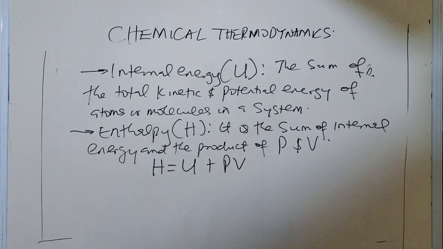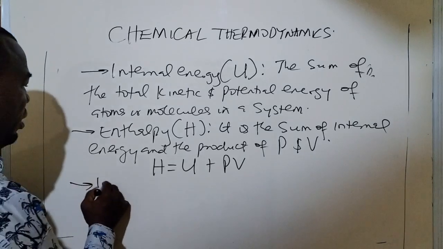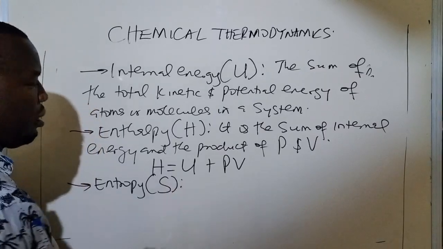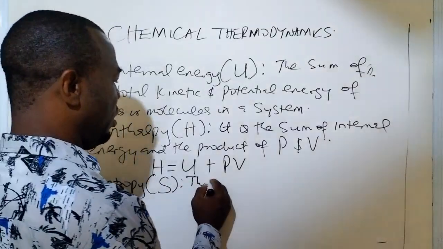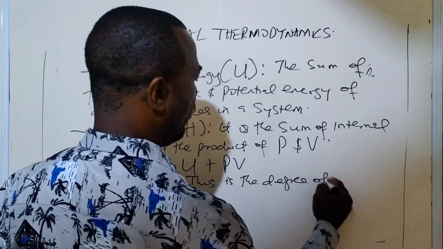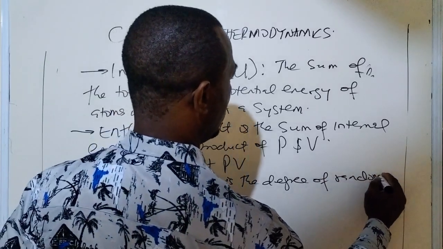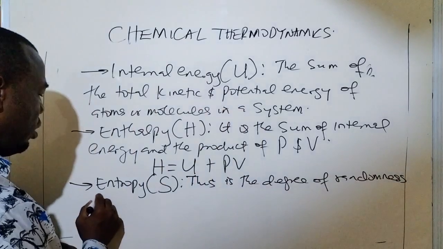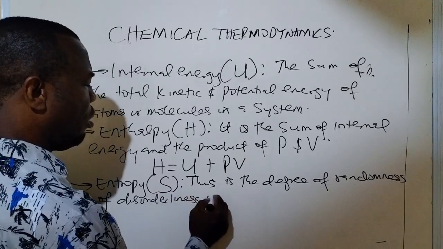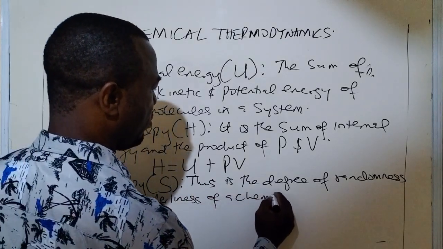The next factor we are concerned with in this study is entropy. What is entropy? In chemistry, entropy is represented using the symbol capital S. Entropy is the degree of randomness or disorderliness of a chemical system.